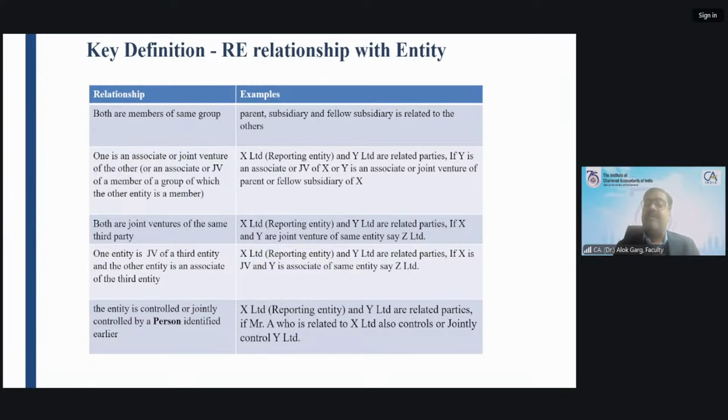So X Limited and Y Limited will become related parties if Mr. A, who is related to X, also controls or jointly controls Y Limited. So if a person has control or joint control over these entities, those entities will become related parties as well.